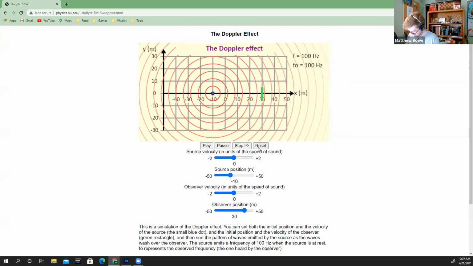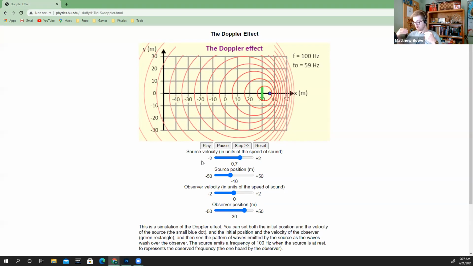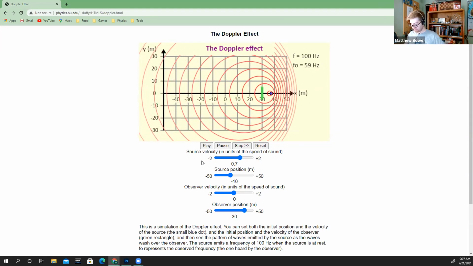Now, let me say that the source itself is moving towards the observer. You see, as the waves are emitted, they sort of bunch up near the front and spread out on the backside.